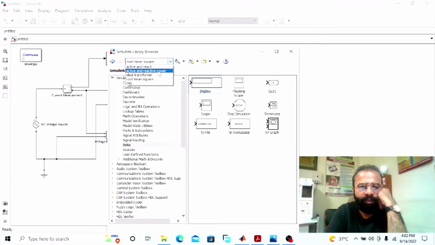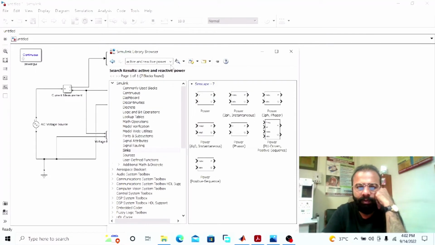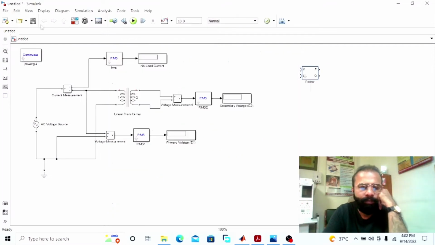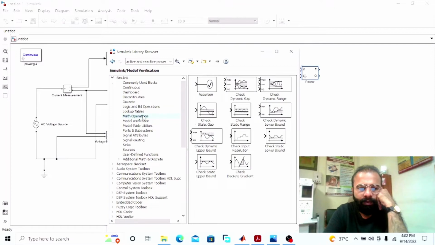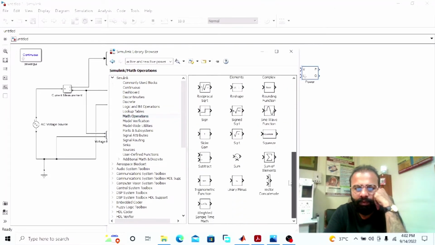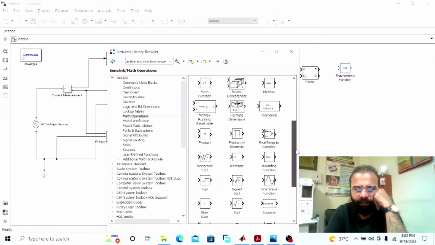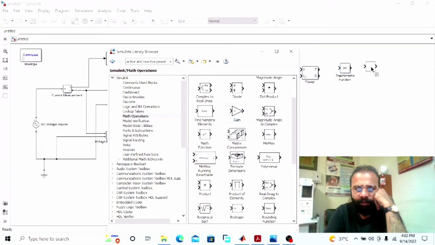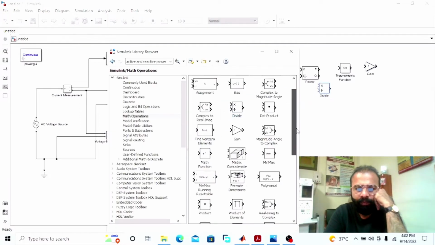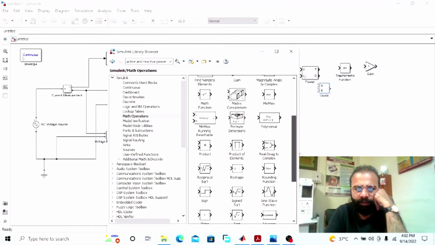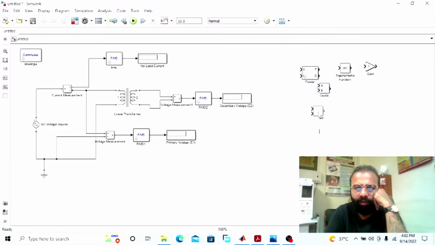For the power factor measurement, we need the active and reactive power module. We need math operations, in which we need the trigonometric block, this gain block, the divide block, and the product block.